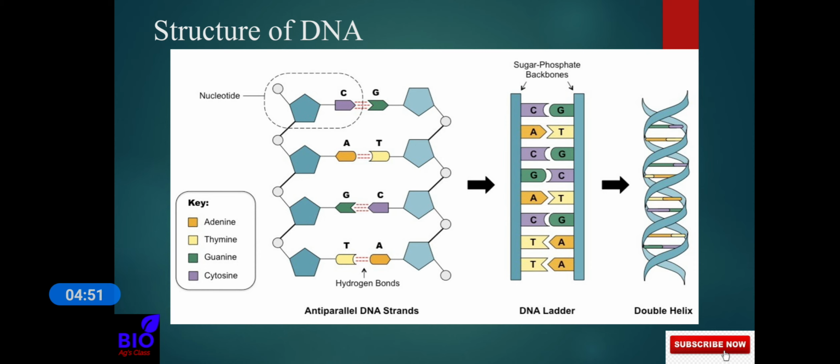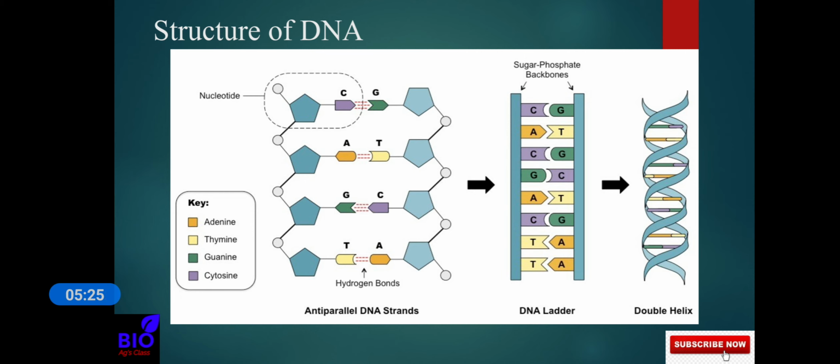Just guess, you have one ladder, and it's twisting. That means two strands are joining and it makes a double helix structure that is called the DNA structure. And if you have two ladders, that means if you have two DNA molecules and they twist again, you have two double helix structures.